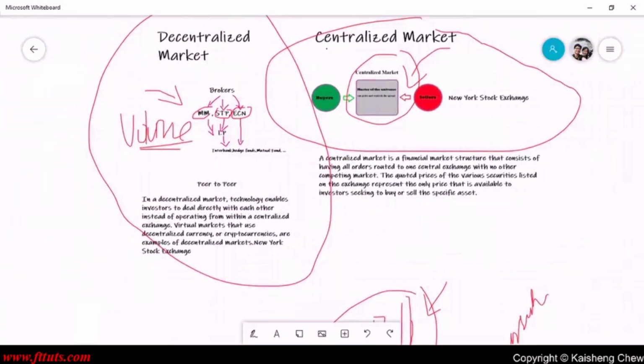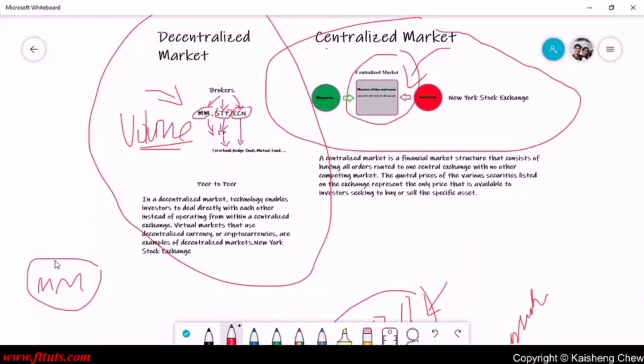Generally, market makers prefer to just trade among their platform, because there are a lot of buyers and sellers. They will try to offset the trades between their buyers and sellers inside their platform, so they stay only inside their platform.